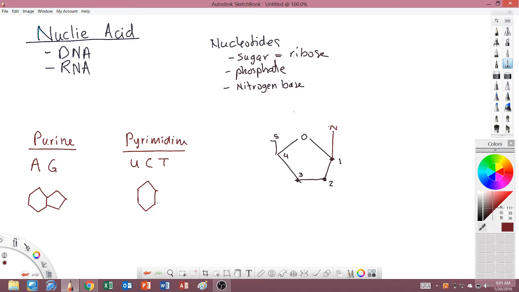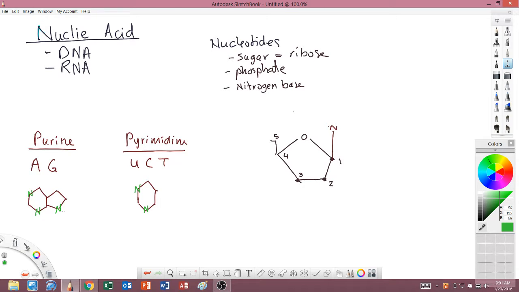If they're nitrogen bases, why are they called nitrogen bases? They must have a lot of nitrogens, and they do. The backbone of them, the backbone. So usually they have multiple nitrogens.